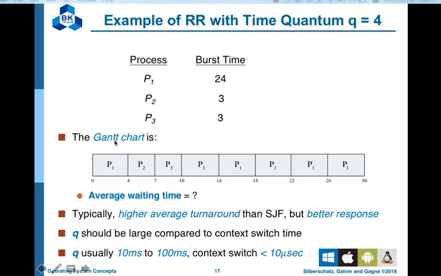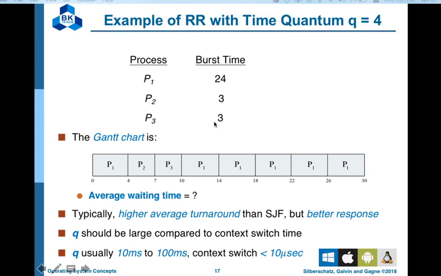So the CPU now switches to B2 for the next 4 milliseconds, but B2 only needs 3 milliseconds. So B2 finishes at 7 and then switches to B3.